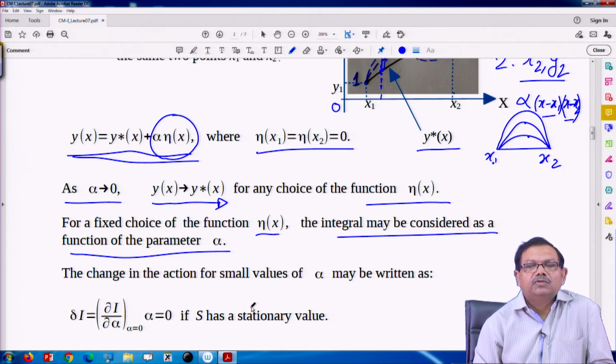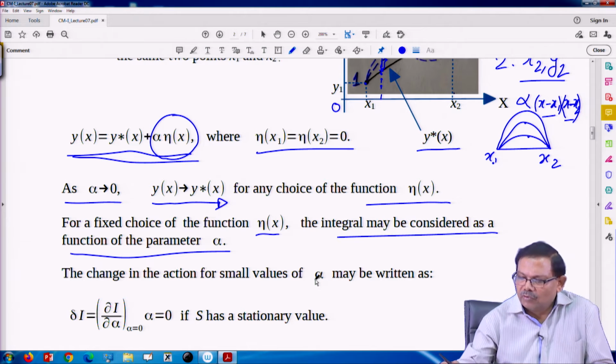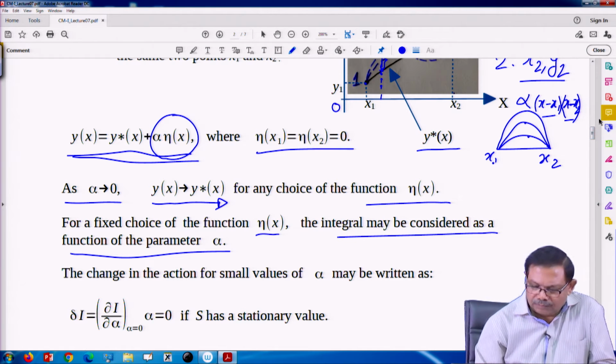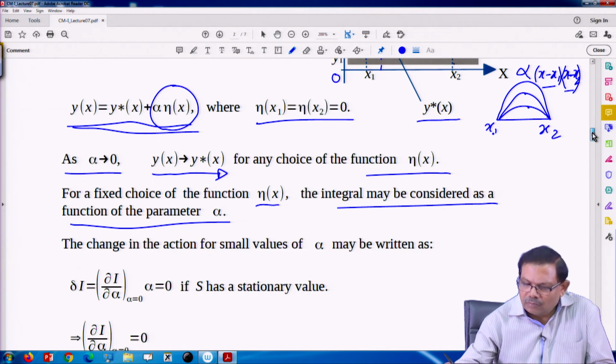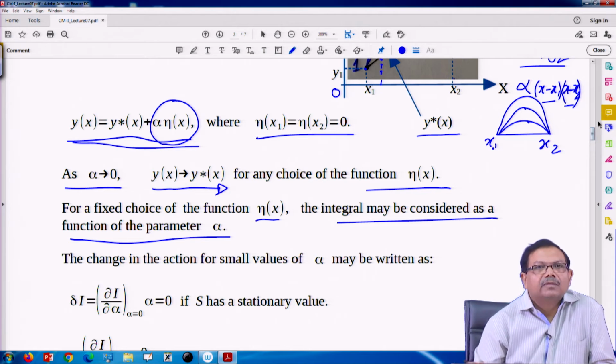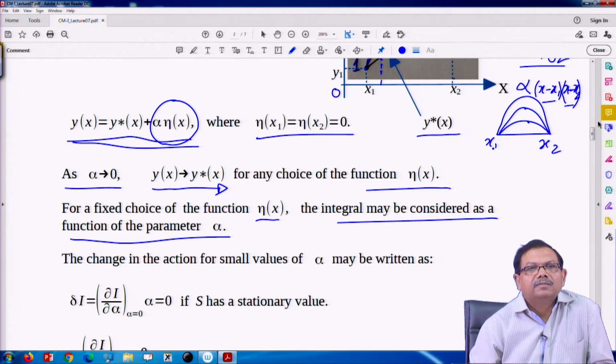What eta x will I choose? So, there again there is arbitrariness. I can choose any arbitrary function which is differentiable between these 2 points. But once I have chosen a form for eta x, alpha is the parameter which I am going to vary. So, now the integral I will depend on alpha.